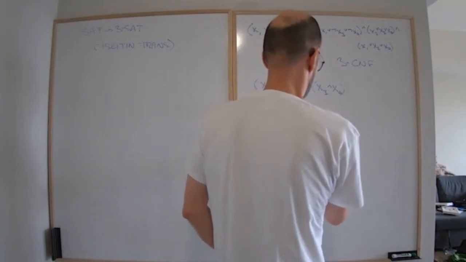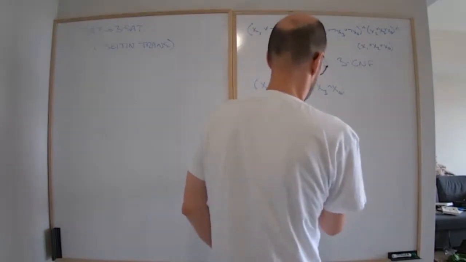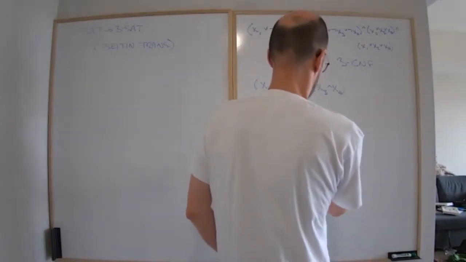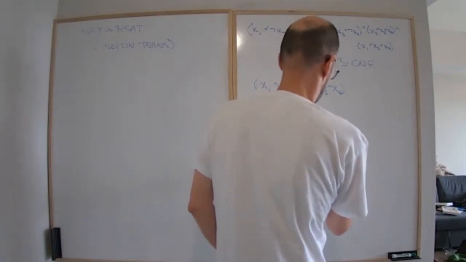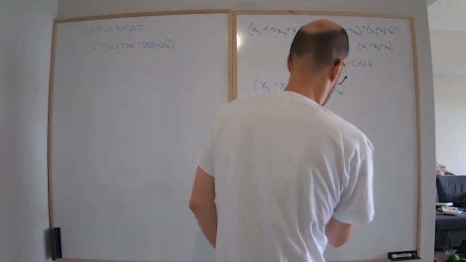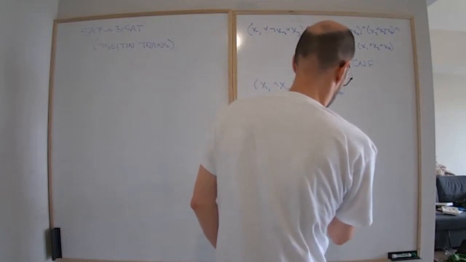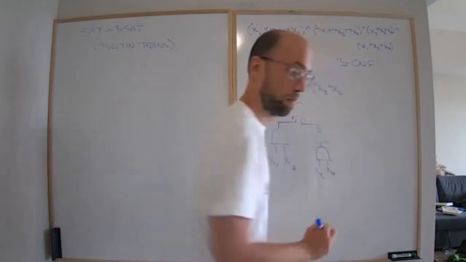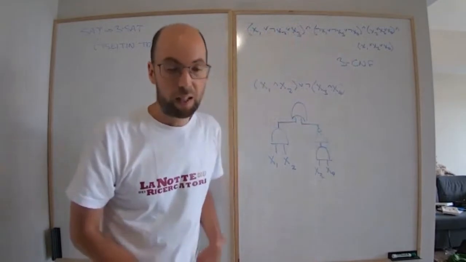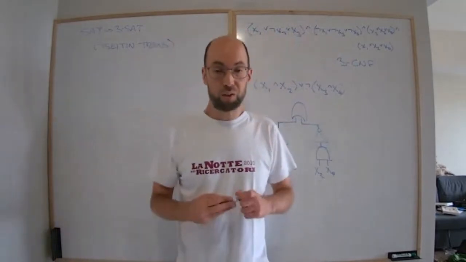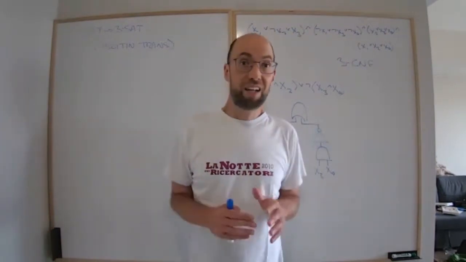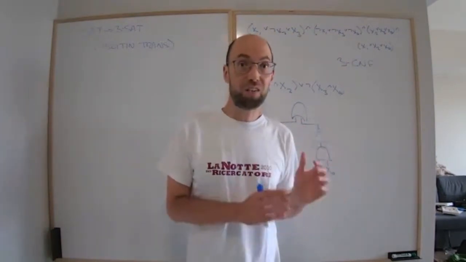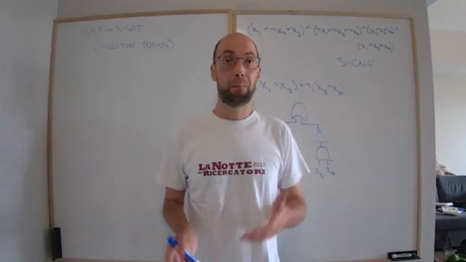Okay, what we're going to show is that once something's in 3CNF, then you can reduce 3CNF SAT to clique.